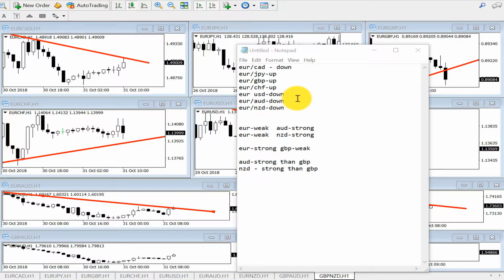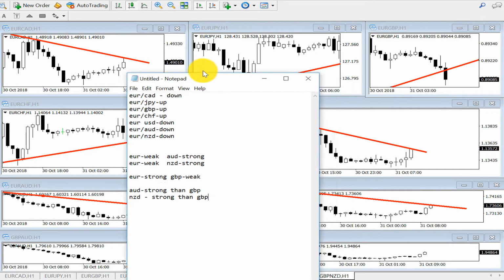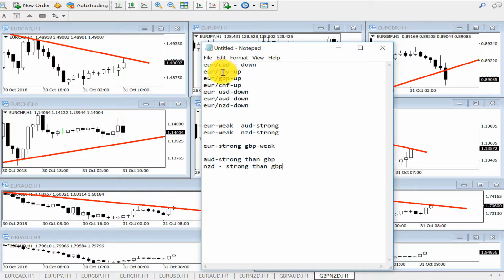So now we can come to the conclusion, after observing all those pairs, that euro is weaker than Canadian dollar, euro is weaker than USD.